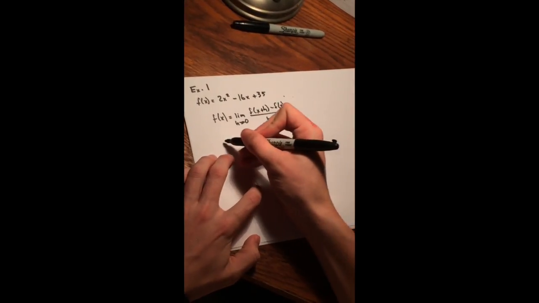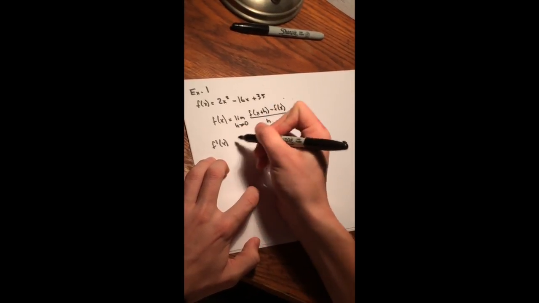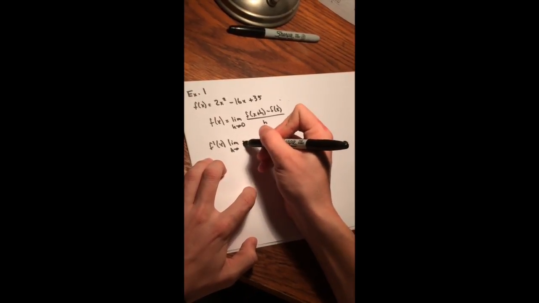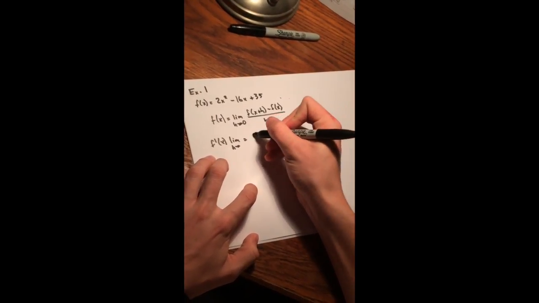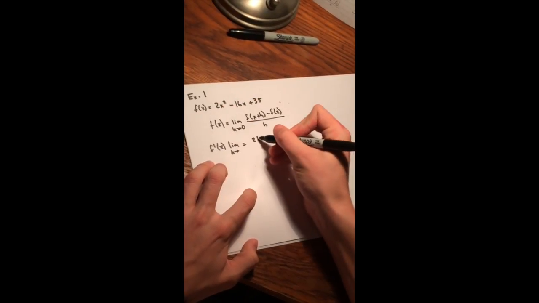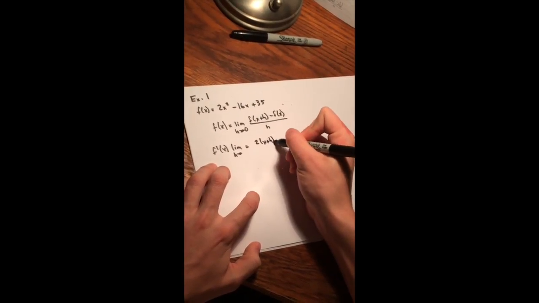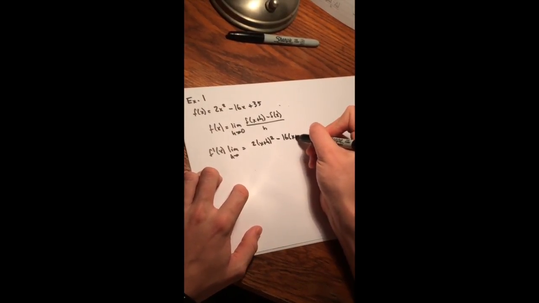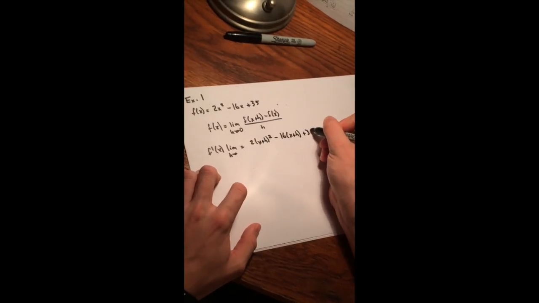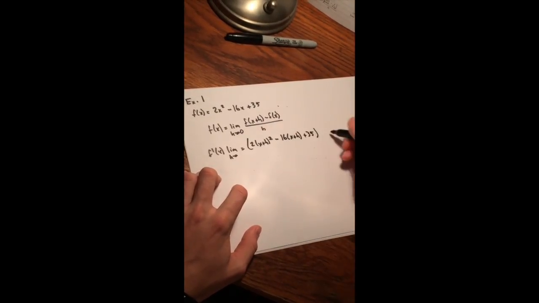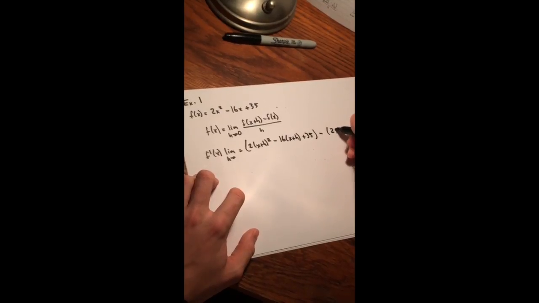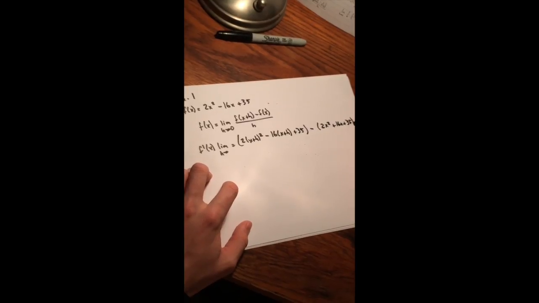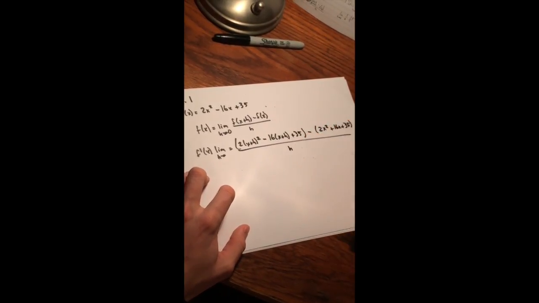So, we're going to do f prime of x as the limit of h approaches 0 equals 2 times x plus h squared minus 16 times x plus h plus 35 minus 2x squared minus 16x plus 35, all over h.